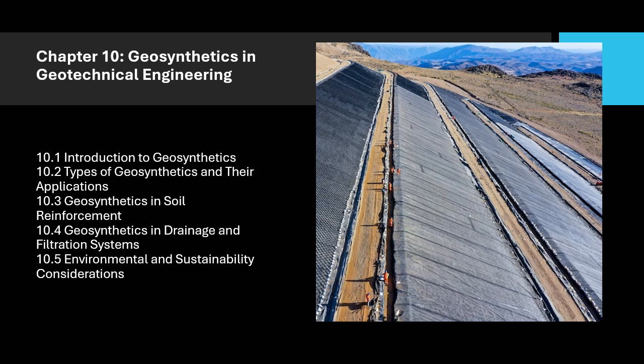Slope stabilization. Geocells are used to reinforce slopes, preventing erosion and soil displacement in areas where conventional methods might fail. 2. Erosion control. Geocells are installed on riverbanks, shorelines, or hillsides to reduce the effects of water erosion and provide long-term protection.